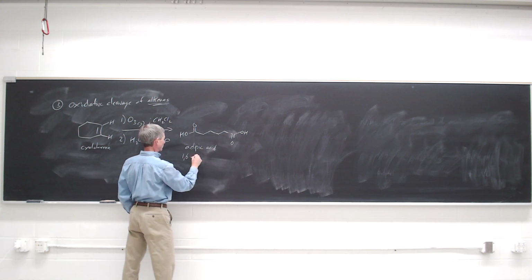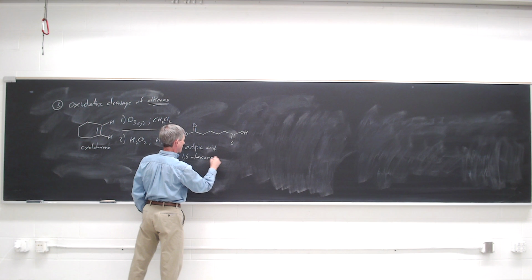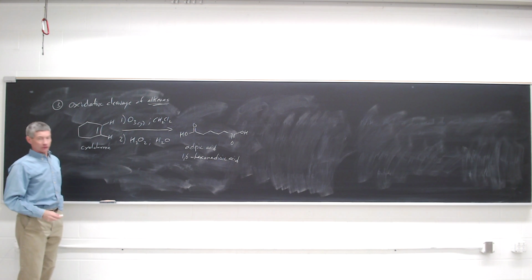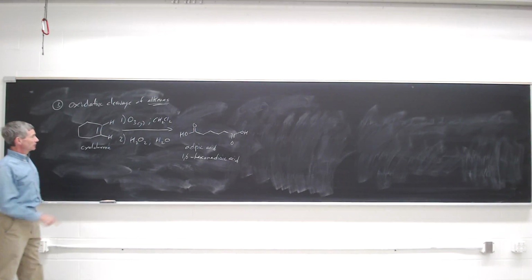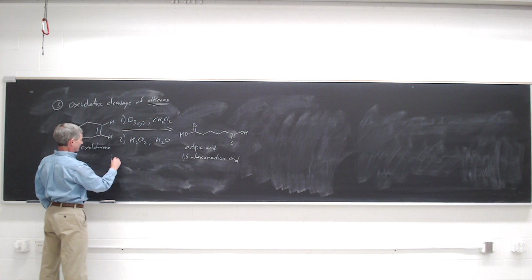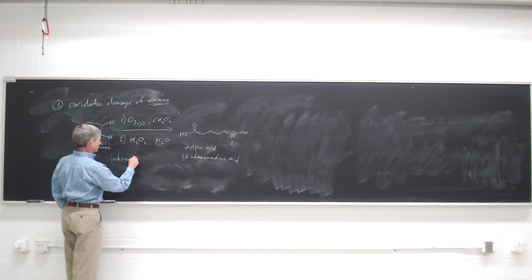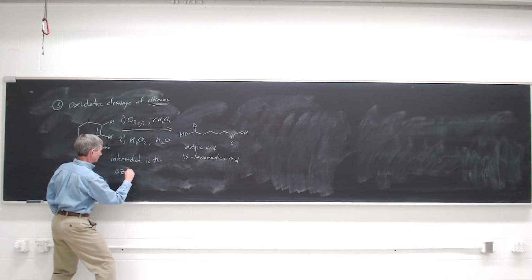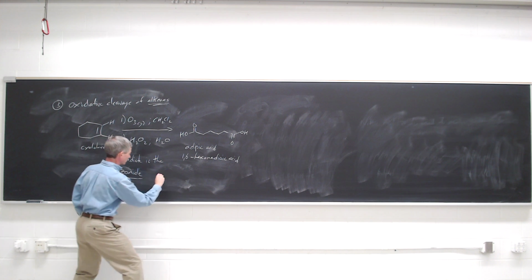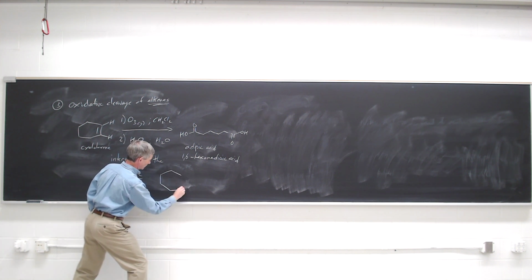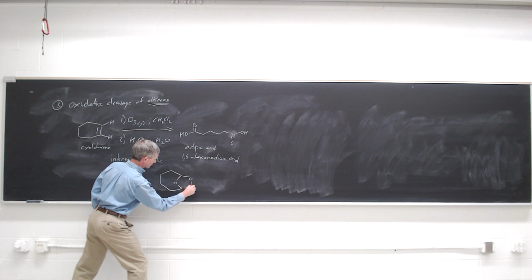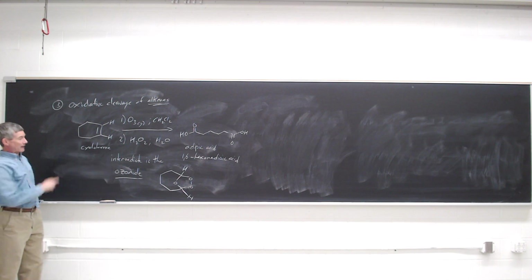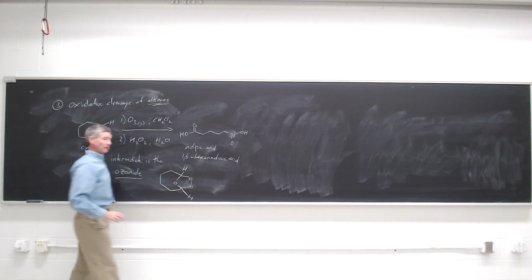or 1,6-hexanedioic acid, a 6-carbon diacid with a carboxylic acid on each end. And the intermediate is the ozonide, just as it would be for the production of the aldehyde, and then hydrogen peroxide will react with the ozonide further to yield the carboxylic acid.